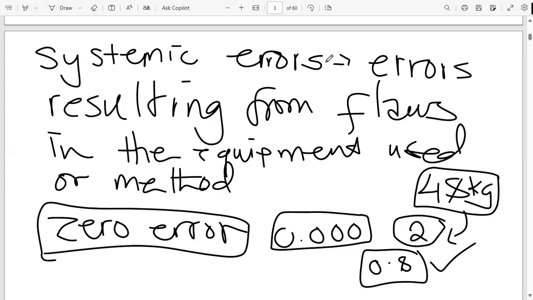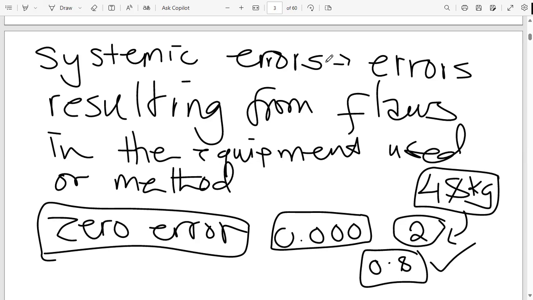There's poor accuracy because the source of the error itself is the system that you are using, not entirely controlled by you, but the materials and the method that you are using, and it can be reproduced. Systemic errors can actually be reproduced.